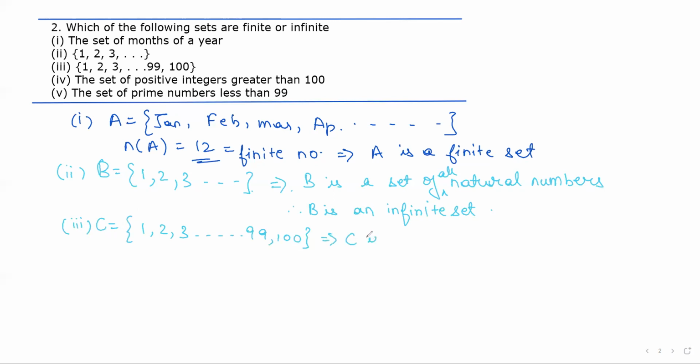So C is a set of natural numbers from 1 to 100, or you can say that n of C is equal to 100. Therefore, C is a finite set.